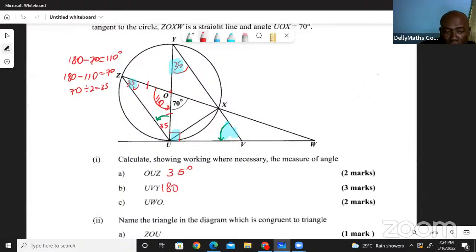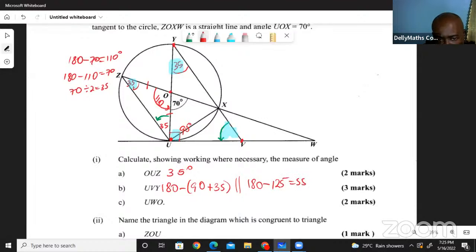So 180 minus the sum of the others: the 90 degrees here, and the 35, and V is what I'm trying to find. Adding the 90 plus the 35, what are we looking at? 180 minus 125, and we see our 55 coming out. 180 minus 90, plus the 35, and then we get 55 degrees for the answer.